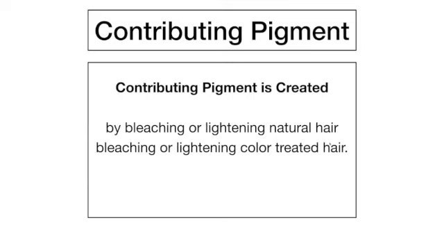Now, contributing pigment is created by bleaching or lightening the natural hair color. It's also created and changed by bleaching or lightening color treated hair.